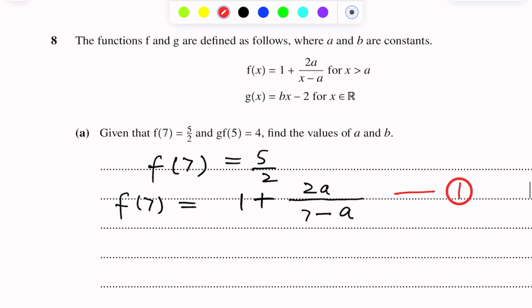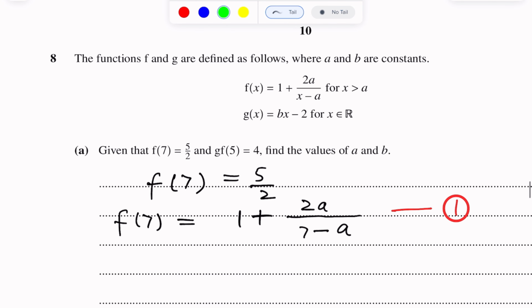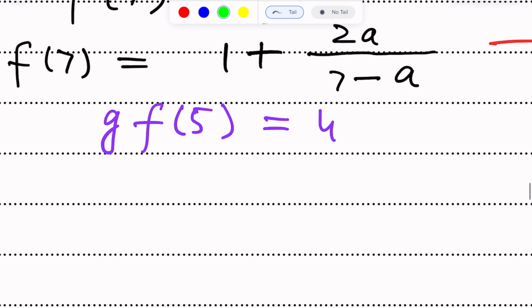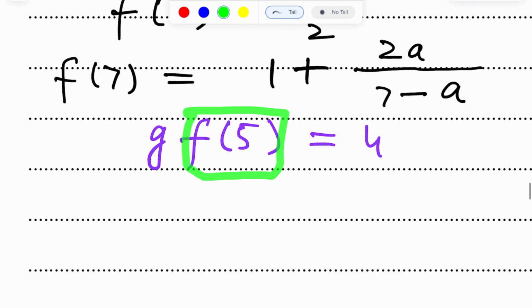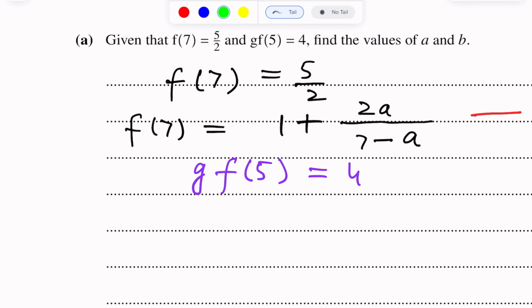Now also it is given that g(f(5)) is equal to 4. So for this, first we have to find f(5), in the same way we have found f(7).